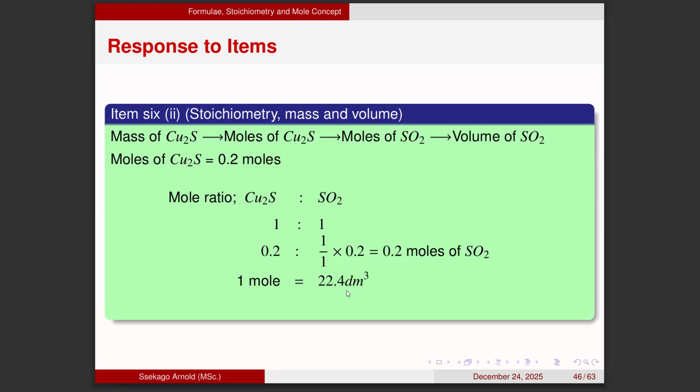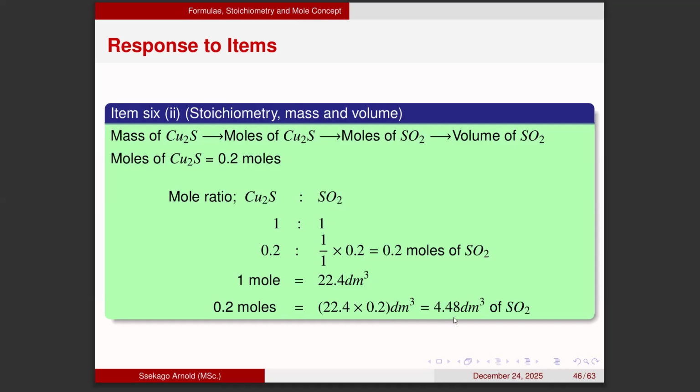So if 1 mole is equal to this, then what of the 0.2 moles? The 0.2 moles will equal 22.4 times 0.2, and computing this we obtain 4.48 decimeters cubed of sulfur dioxide.